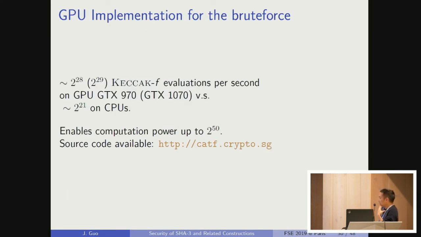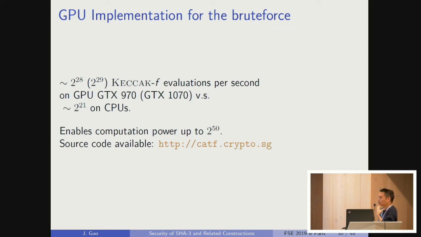And to do that very efficiently, we did the brute force part with a GPU implementation. It turns out to be very efficient. The NVIDIA GPU GTX 970 is capable of evaluating 2^28 Keccak evaluations per second, versus roughly 2^21 on CPUs.